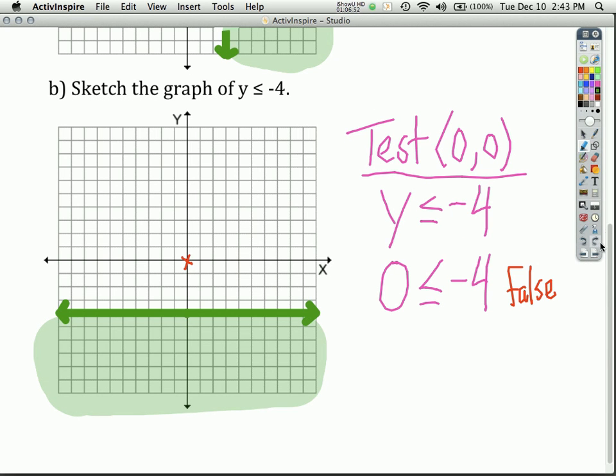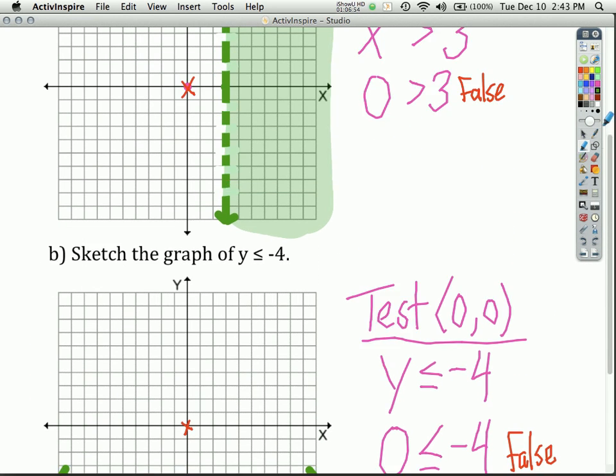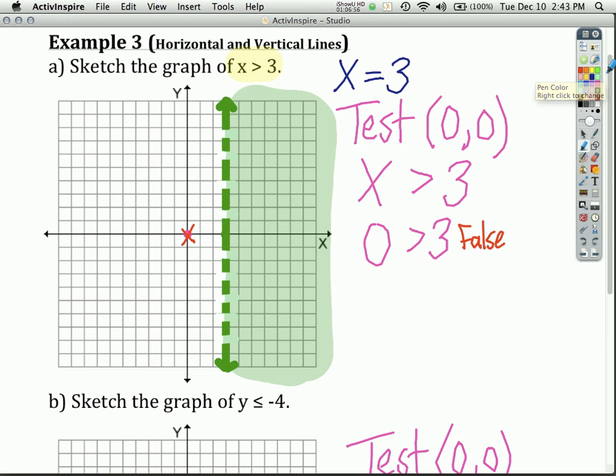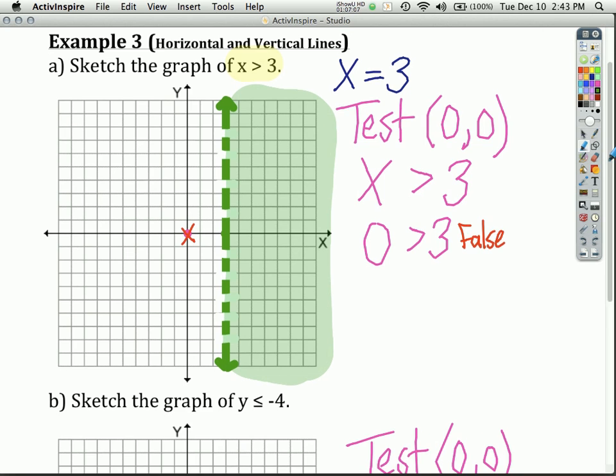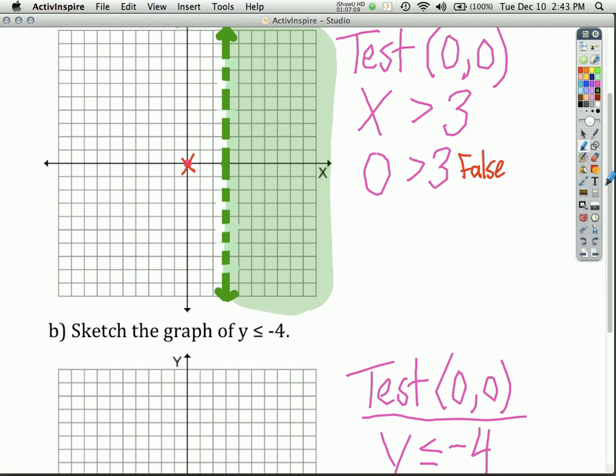Now, there is a shortcut to figuring out which way to shade. I am not teaching my students the shortcut, but I do expect many of my students to discover the shortcut. So I've heard many of my students shading even before I started teaching what to do. So you either figured out a shortcut already, and it seems like it works, or you were just way ahead of us.